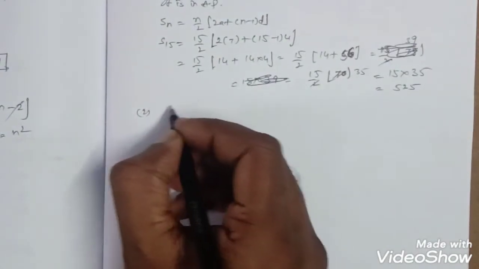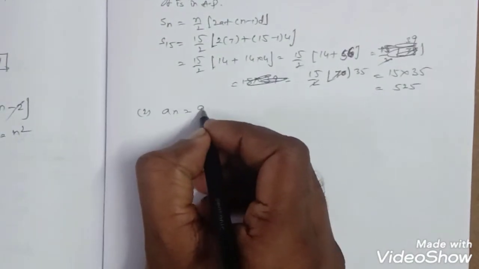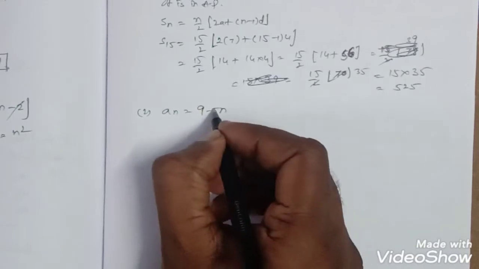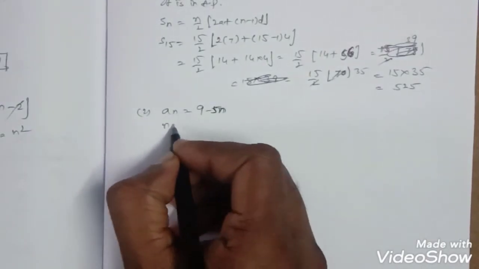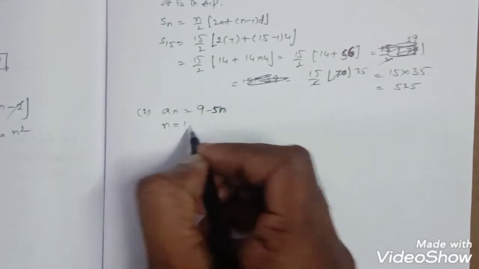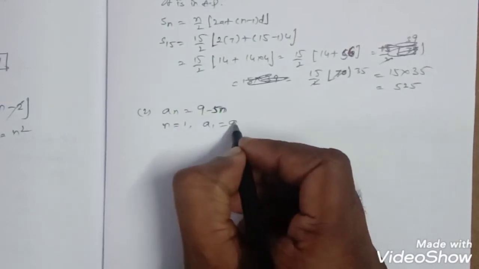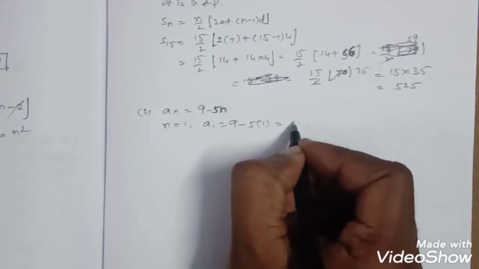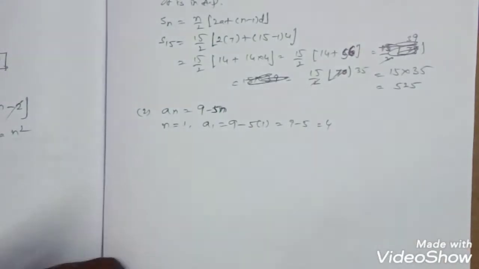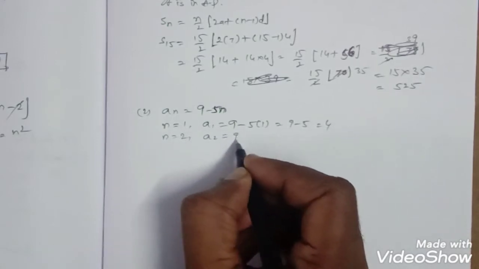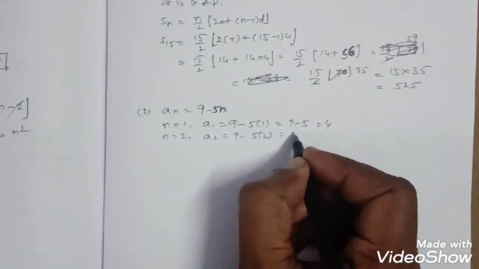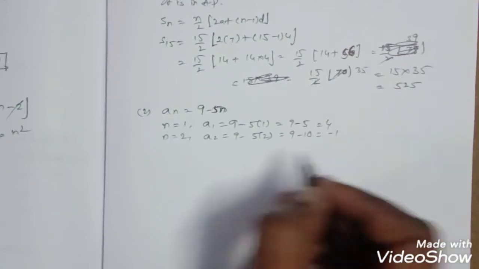Now coming to your second one. Here the second question is given as an is equal to 9 minus 5n, right? As it is the same, substitute the value of n equal to 1, you will get a1 equal to 9 minus 5 into 1, that is 9 minus 5, which is nothing but 4. Next substitute n equal to 2, that is a2 equal to 9 minus 5 into 2, that is 9 minus 10, which is nothing but minus 1.